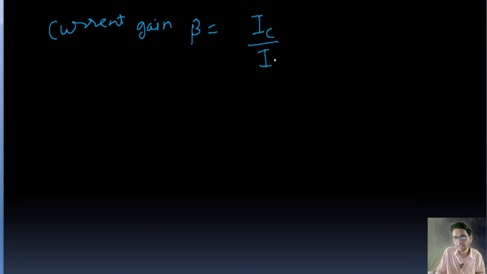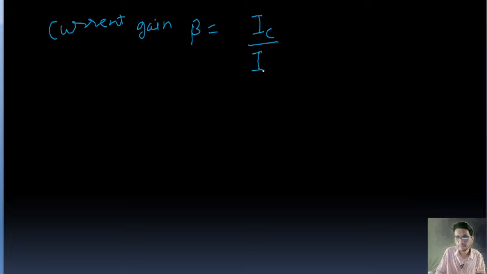Now we'll find the current gain beta. We know this value is IC upon IE. My apologies, IC upon IB, because it is common emitter, meaning IB.